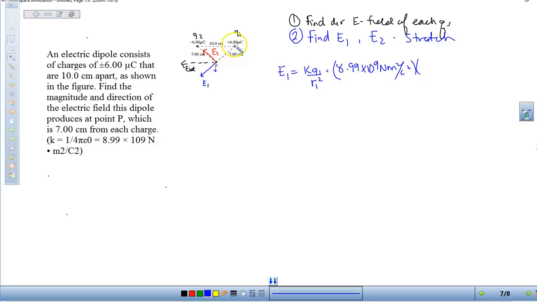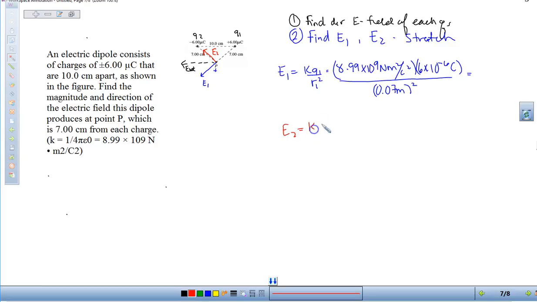Q1 is in micro, so that's times 10 to the negative 6 coulombs for the micro. And then I divide by the distance. The distance must be in meters, so I'll convert that immediately into 0.07 meters instead. That's how I find E1.